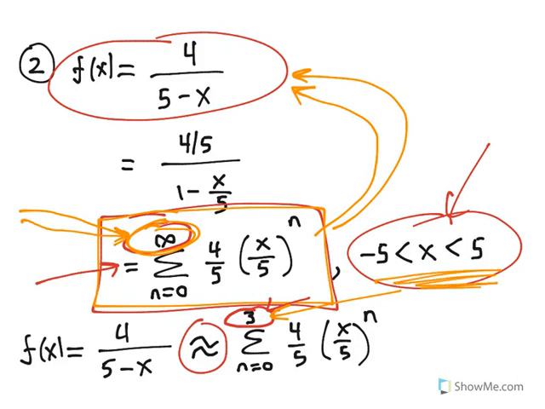To help you see this, I have gone ahead and made a graph that actually has 3 graphs. It has the graph of the function f of x. It has the graph of the function that you would get when you consider the fourth partial sum of this infinite geometric power series, the sum of just the first 4 terms of it.